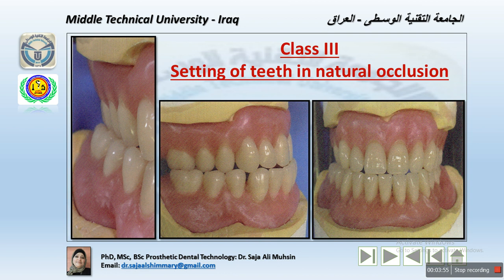And to avoid cheek biting, the contour of the wax will be a little bit built up over the teeth to avoid the cheek being entrapped between the teeth and being bitten. Now, this situation is the direct opposite of that seen for the class 2 cases. The setting of the lower teeth will be opposite to the class 2 cases.